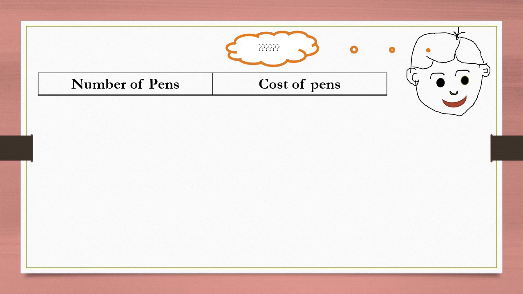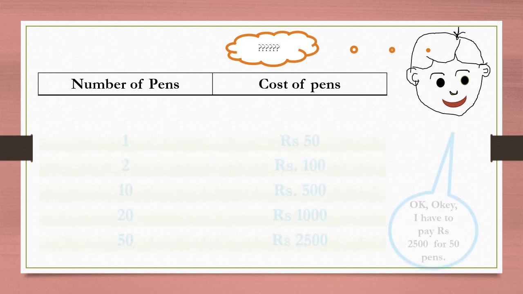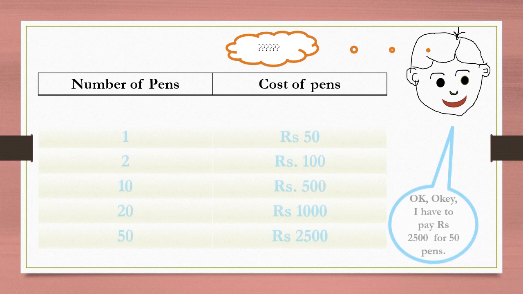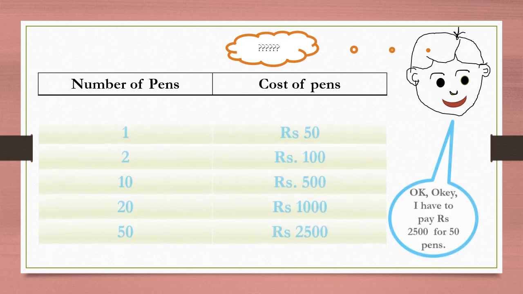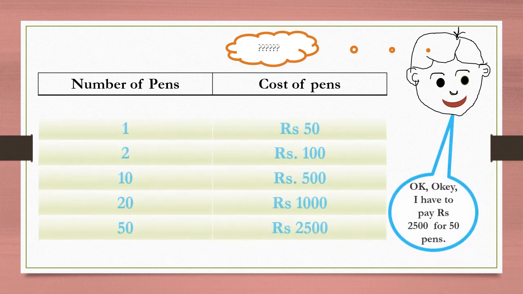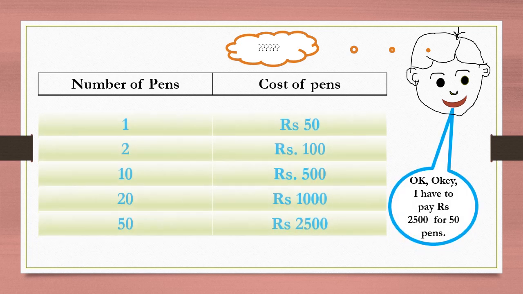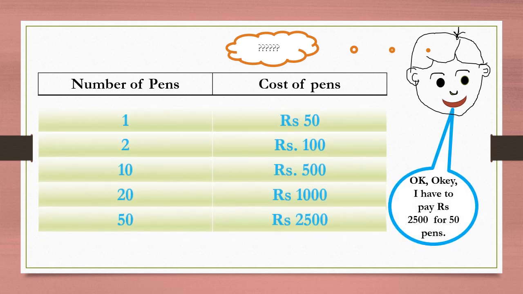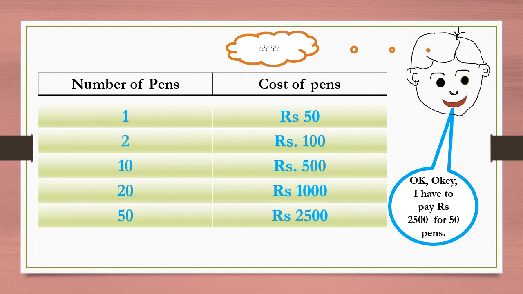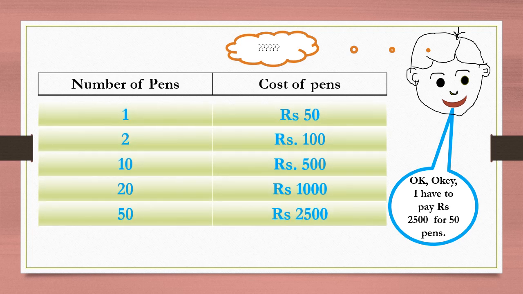So 2 pens will be 100. Suppose I take 10 pens, then 500. If I take 20 pens, then it will be 1000. If I take 50 pens, it will be rupees 2500. So he has calculated the amount to be paid to the shopkeeper in his mind.